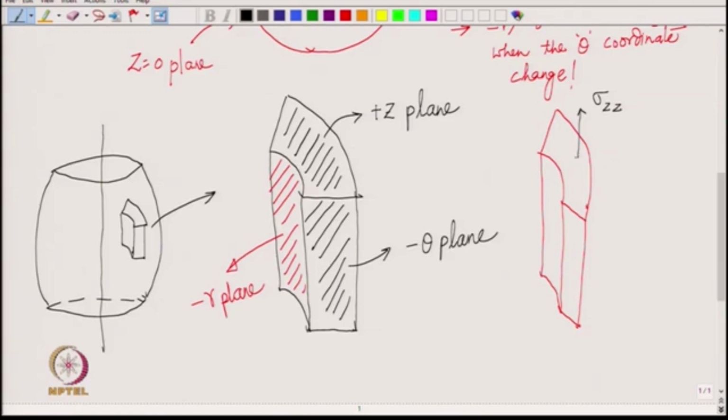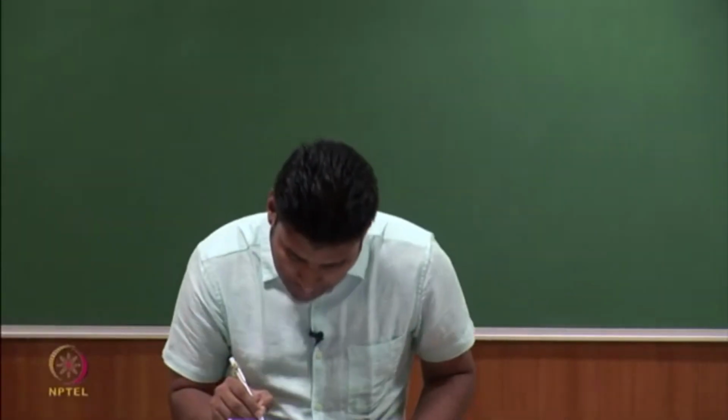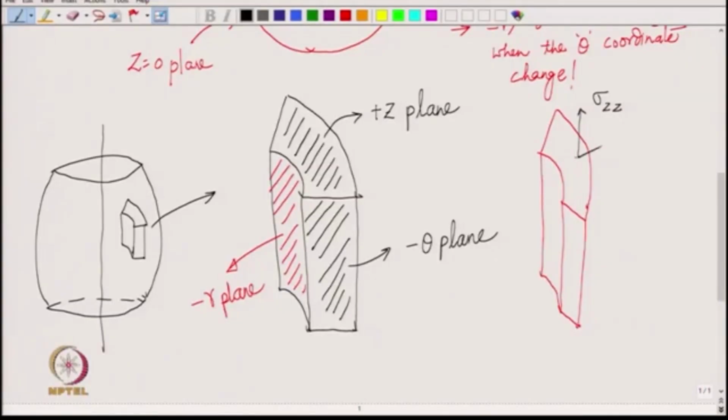Then we have the component in the radial direction, which is tau r z, right. So, we have tau r z radially outward, and then we have tau theta z in the theta direction. So, from here we could draw this tau theta z. Okay.